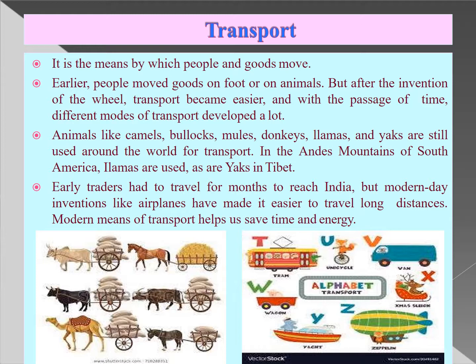Animals like camels, bullocks, donkeys, yaks are still used around the world for transport, and in the Andes mountains of South America, llamas are used. Early traders had to travel for months to reach places, but modern day inventions like aeroplanes have made it easier to travel long distances in a very short period of time. And thus modern means of transport has really helped us to save time and energy.